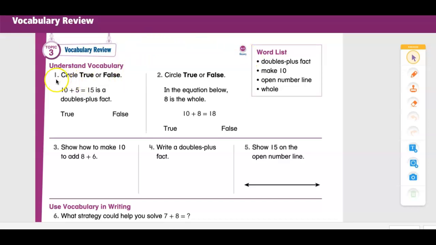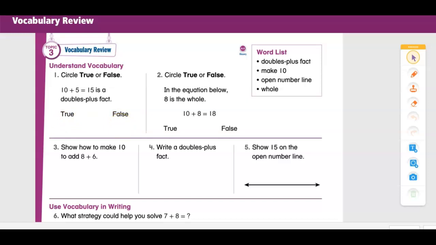Number 1 says circle true or false. Our problem says 10 plus 5 equals 15 is a doubles plus fact. Is this true or false?